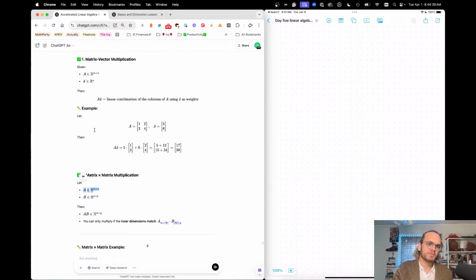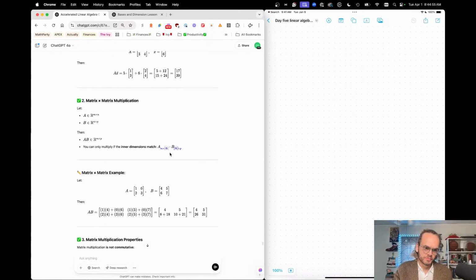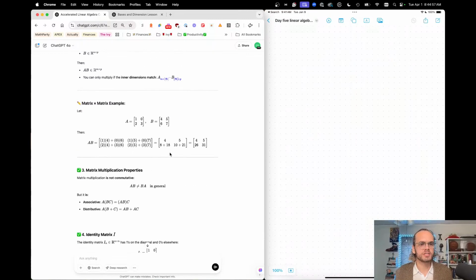Then we have matrix times matrix multiplication. I want to see how this is different. But I know that you need to have the same inner dimensions. Notice it's an m by n dimensional space versus an n by p dimensional space. You need the inner dimensions to match. That's important. So matrix by matrix example, 1, 0, 2, 3, 4, 5, 6, 7.